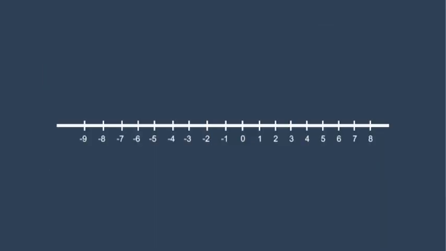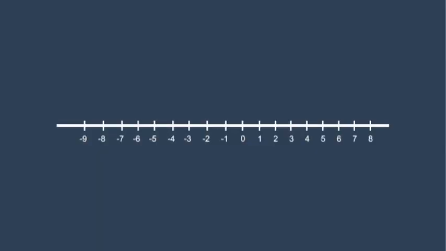Using the number line below, start with 0, move 3 units to the right to indicate positive 3. Then starting from positive 3, move 5 more units to the right to add positive 5. You then stopped at positive 8. So from the number line, we can see that if we add positive 3 and positive 5, we get positive 8.